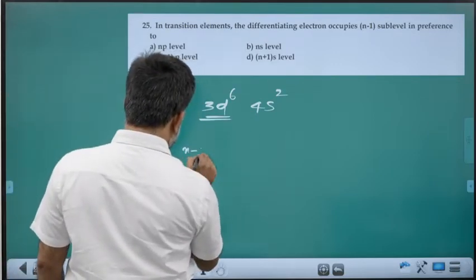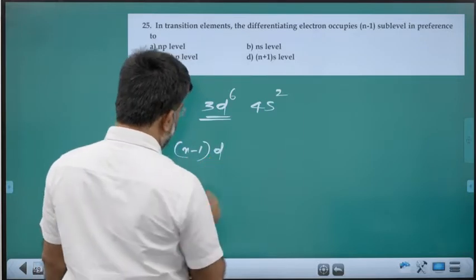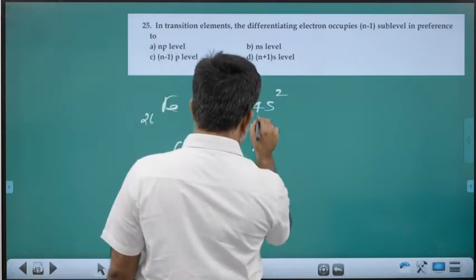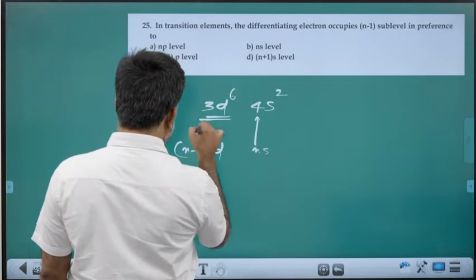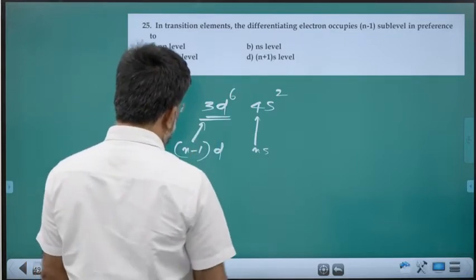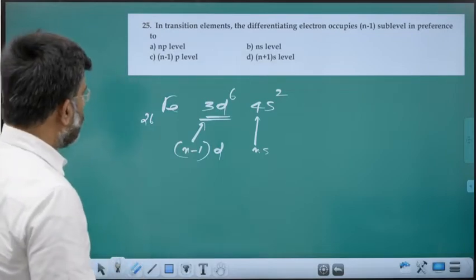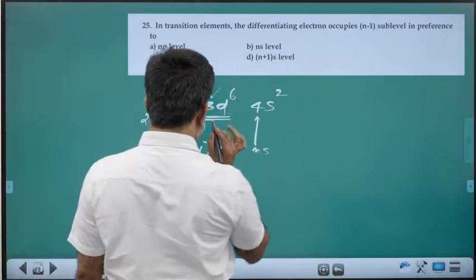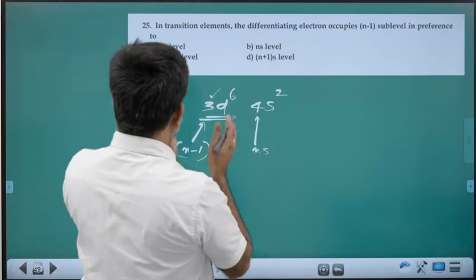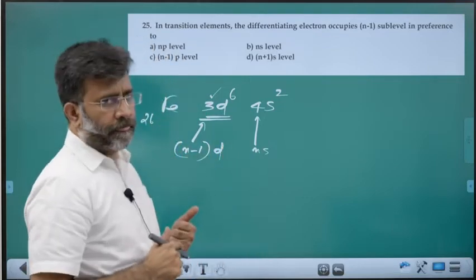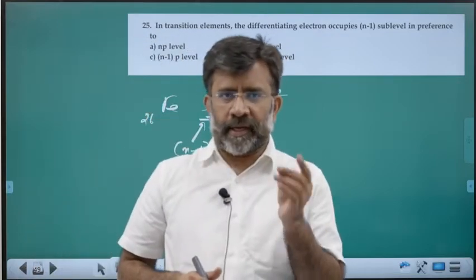This is n-1 d, and this is ns. So n equal to 4, n-1 is 3. So the differentiating electron occurs here in preference to which? That means after this 3d, which one comes?